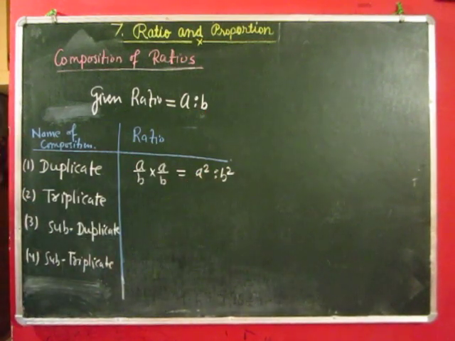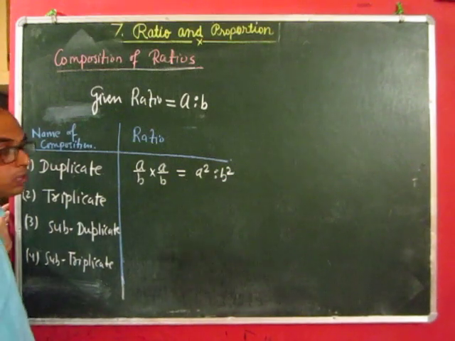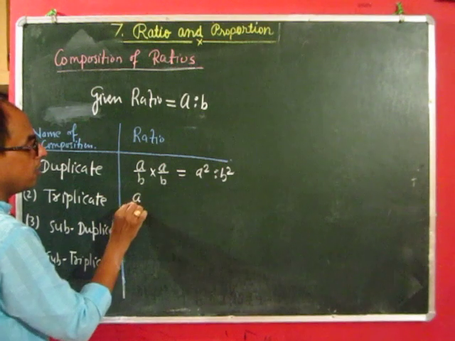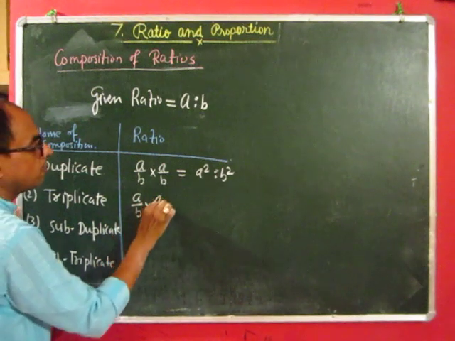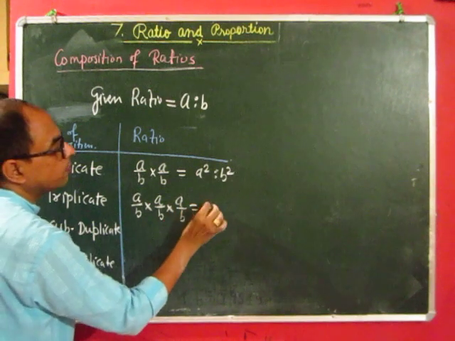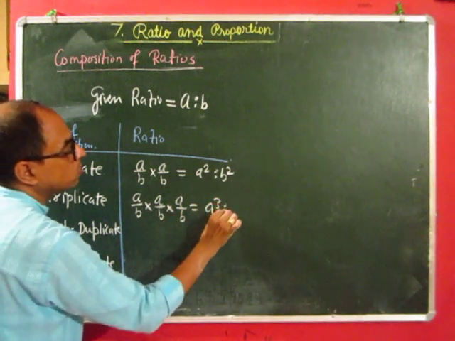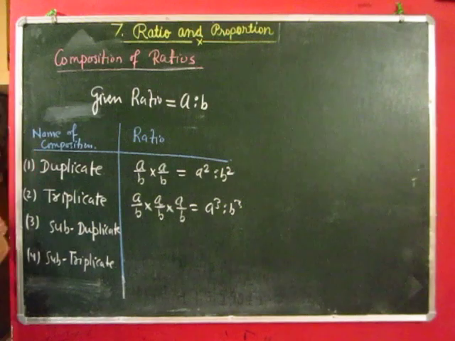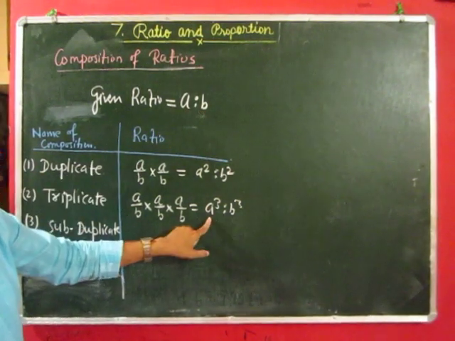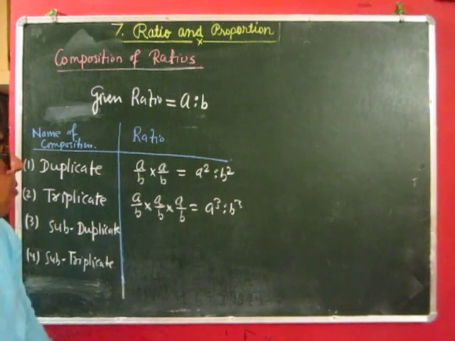Now triplicate ratio. Triplicate means you have to multiply this ratio 3 times: A by B into A by B into A by B. So it is A cube is to B cube. The triplicate ratio of A is to B is directly A cube is to B cube.